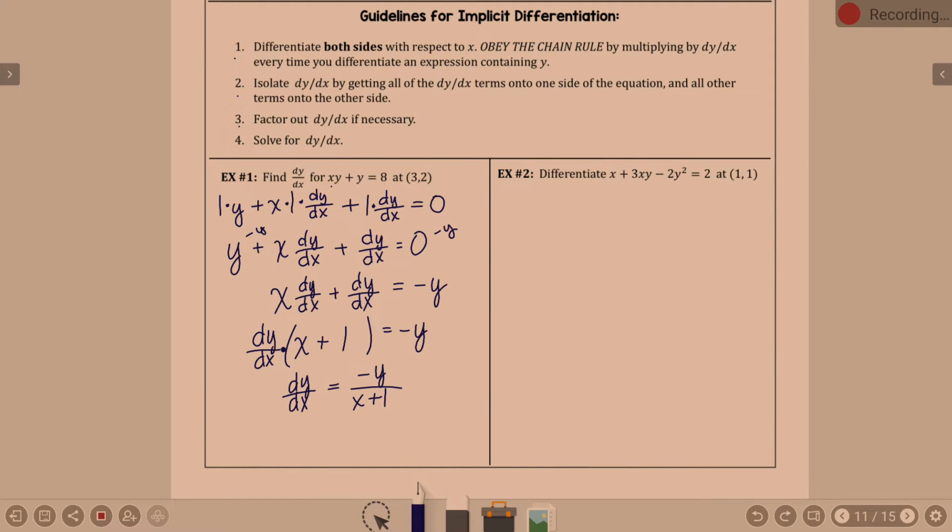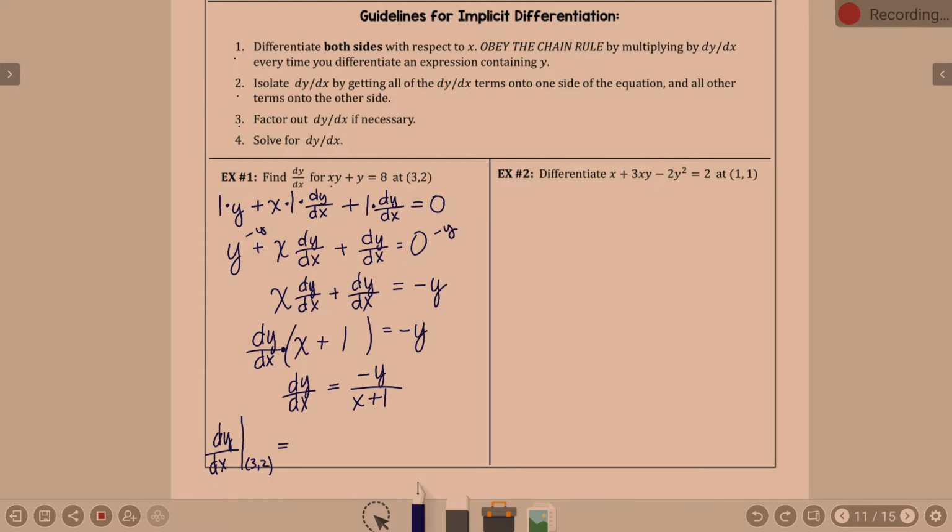So now, I'm going to write this as dy/dx. I'm going to use what's called an evaluation bar, evaluated at 3, 2. Just fancy notation. This is saying the derivative evaluated at 3, 2.